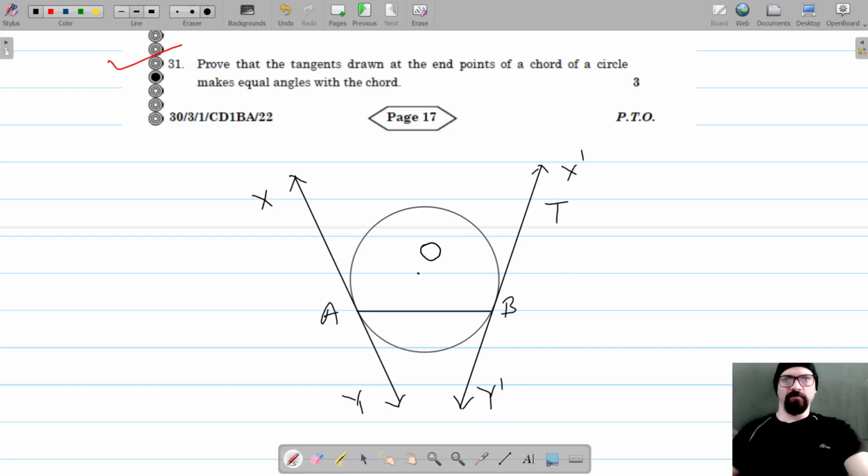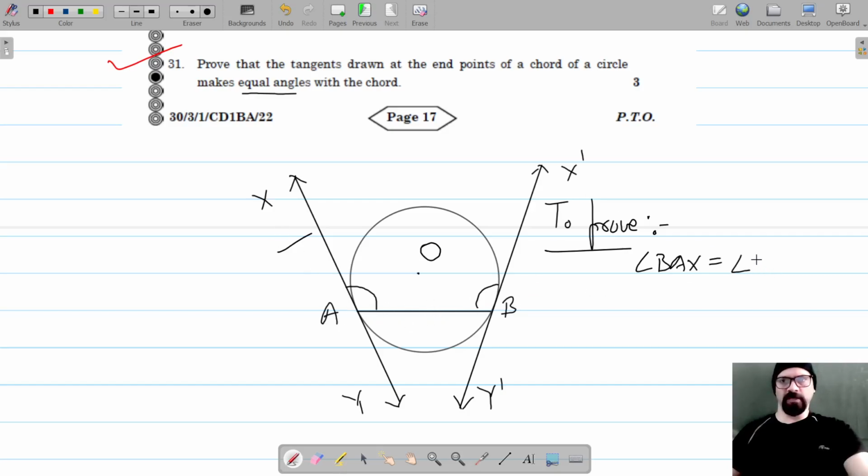Okay, so what do we have to prove? That the tangents drawn at the endpoints of a chord make equal angles with the chord. So these tangents are making these angles with the chord. So this angle is angle BAX, and its corresponding angle on this side is ABX'.